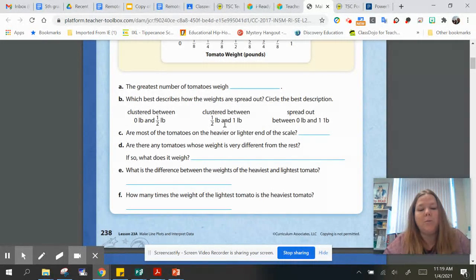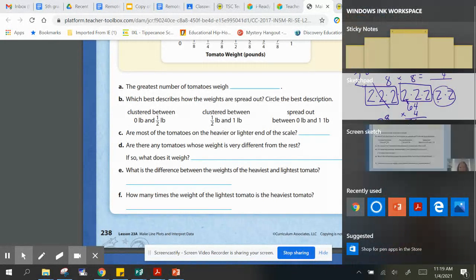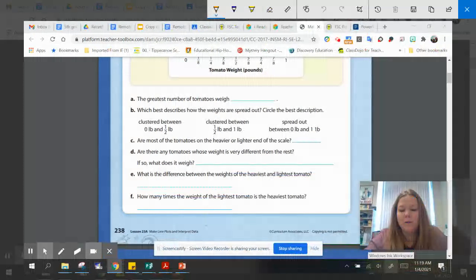And then finally, E and F. What is the difference between the weights of the heaviest tomato and the lightest tomato? Difference, that's the key word here. I'm going to have to pull up my screen sketch here. Difference means we subtract.